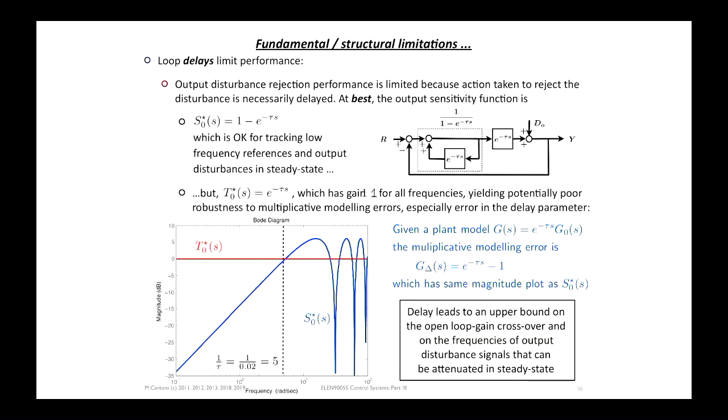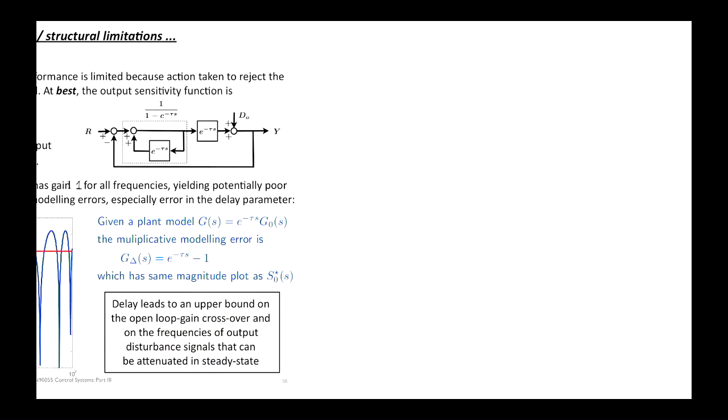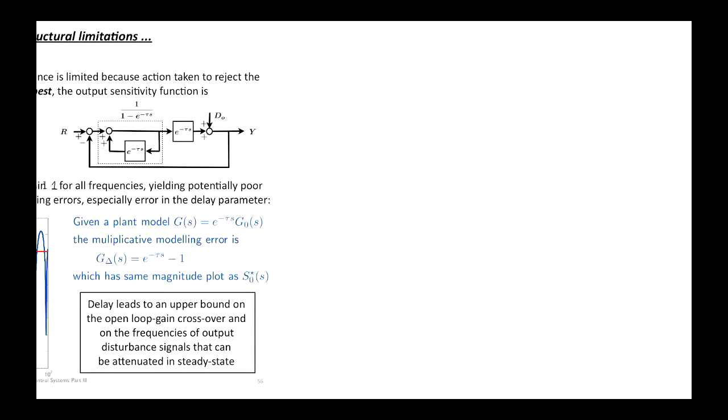So let's consider a situation where you're trying to reject a plant output disturbance. So in other words, make this signal insensitive to this signal here, right? Where this signal here is the output of the plant. And let's just consider the case where it's a pure delay. So the plant is just a pure delay.